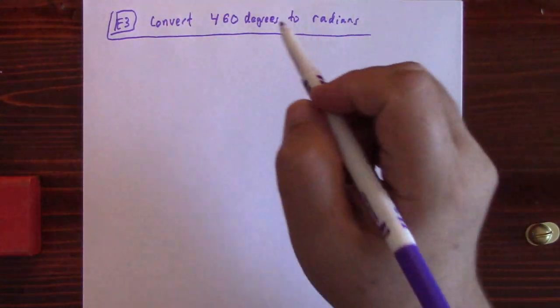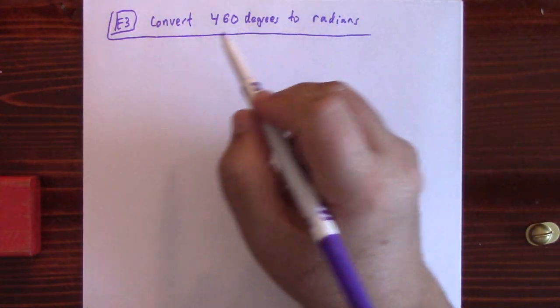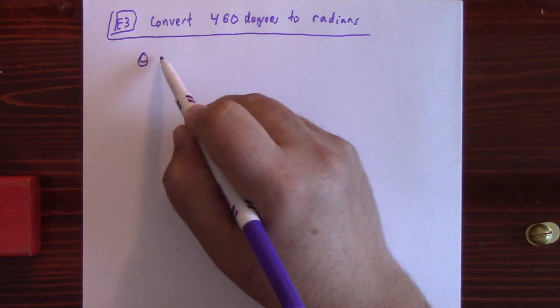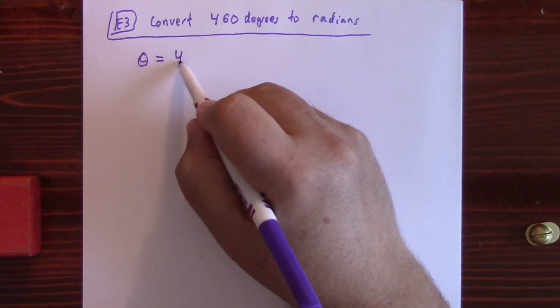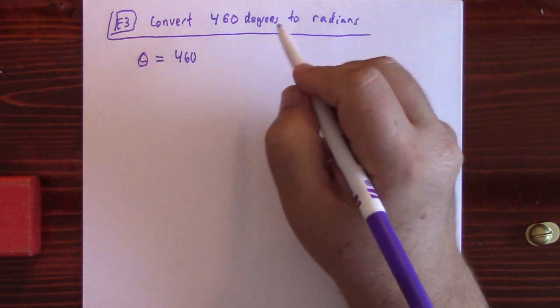Alright, remember, key is use your conversion factor. I used the substitution principle the last one we did. This one I'll use a multiplication by 1 idea.